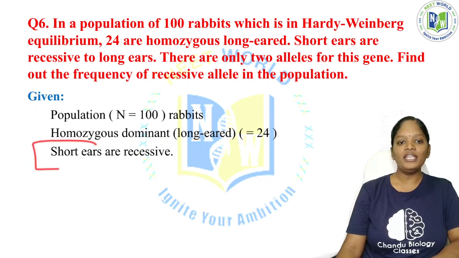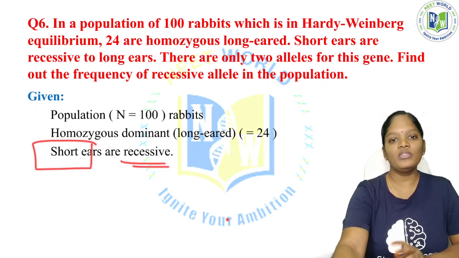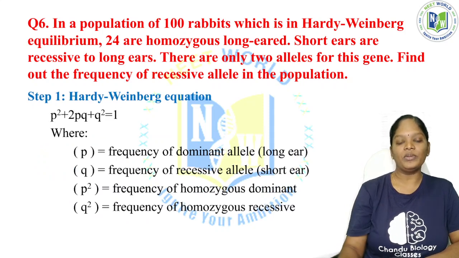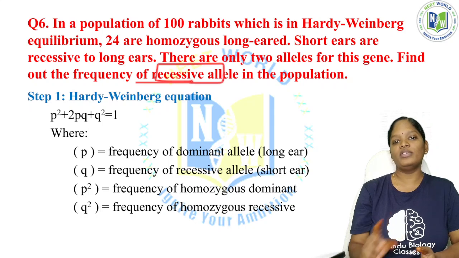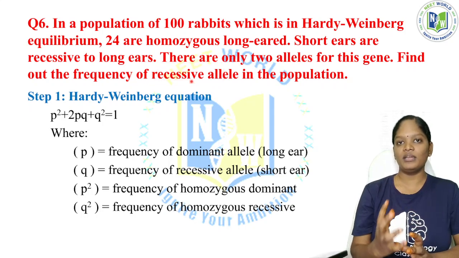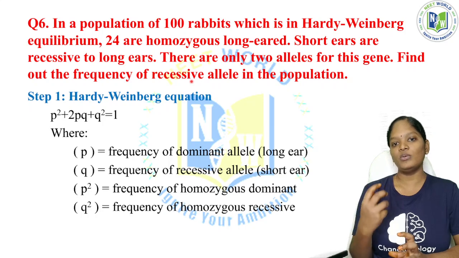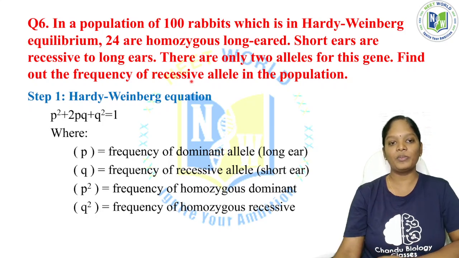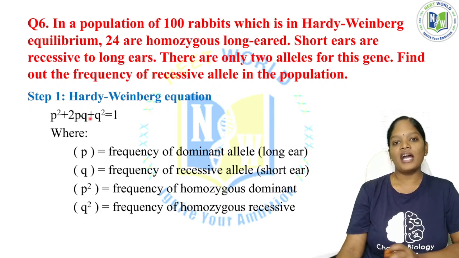Short ears are recessive. So these are all the given data. Now find out the frequency of the recessive allele. They have given the total number of individuals and the dominant individuals, and we have to identify the recessive allele. Now see here, what will be the formula for this Hardy-Weinberg equation?